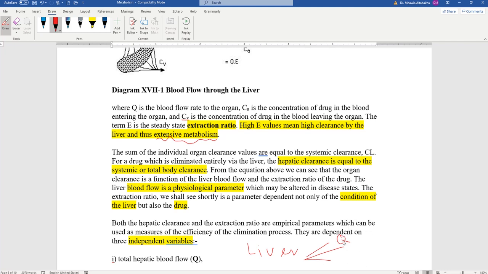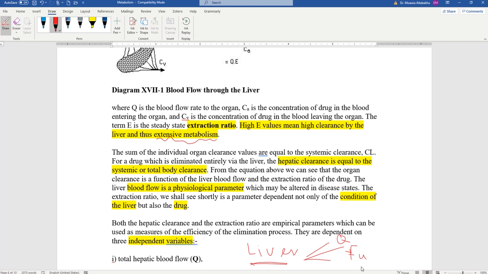It can change in certain diseases, like for example congestive heart failure, and liver clearance can be influenced by blood flow and by fraction unbound.